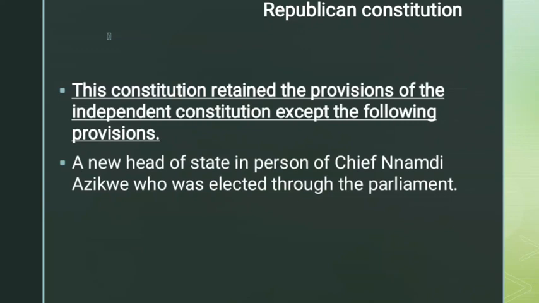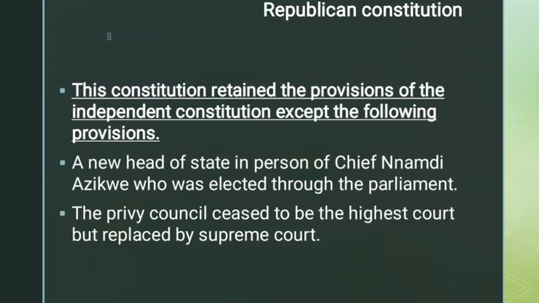And we also had what we refer to as a prime minister at that time. The president was elected through the parliament. Also, the Privy Council, which was the highest court of appeal in 1960, was replaced by the Supreme Court of Nigeria.